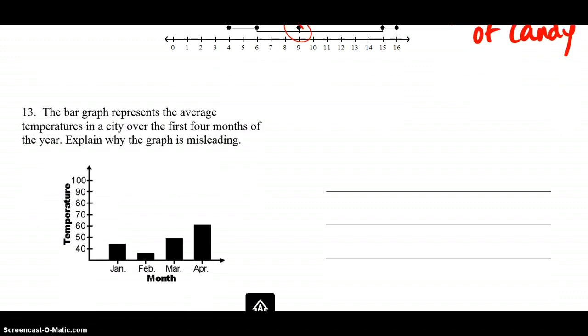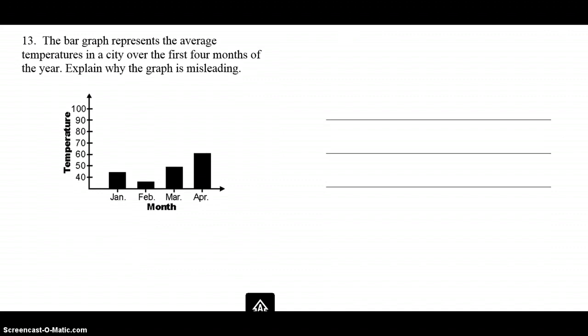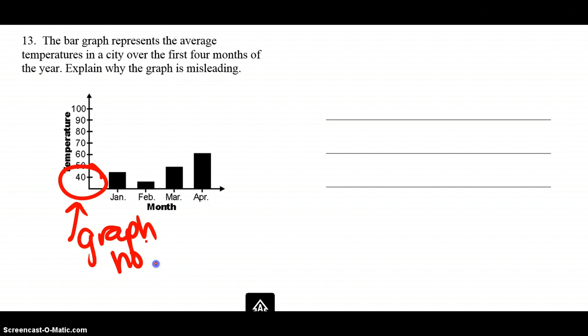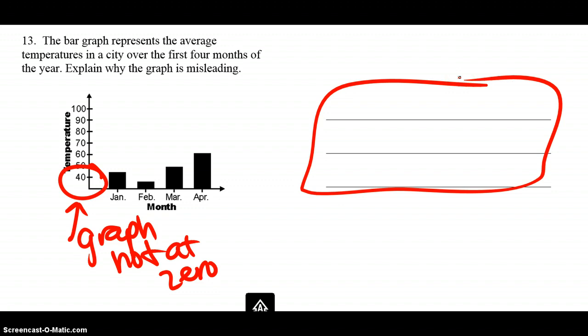Number 13, the bar graph represents the average temperature in a city over the first 4 months of the year. Explain why the graph is misleading. I don't have time to write out the full answer, but you need to say right here, the graph doesn't start at 0. And explain in full sentences over here why that's misleading and why it appears that the numbers look differently than they are.